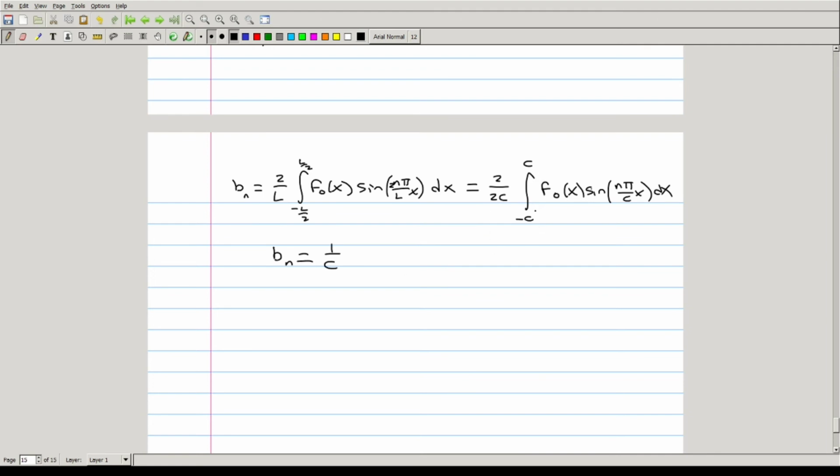And one of the nice properties of an odd function is that if you multiply it by another odd function, the resultant is going to be an even function. So this is the integral of an even function right here. So it'll be 2 times the integral from 0 to c of the function f of x times sine of n pi over c times x dx.